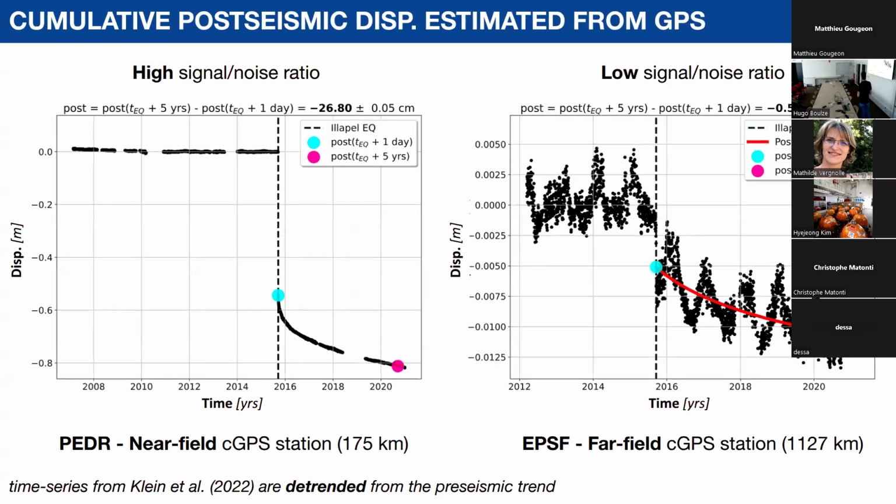And you have the exact same thing for the cumulative post-seismic displacements. When you are close to the trench, it's quite easy to estimate the amount of displacement since the earthquake at a given time. But when you are far from the earthquake, it is by far more complicated.